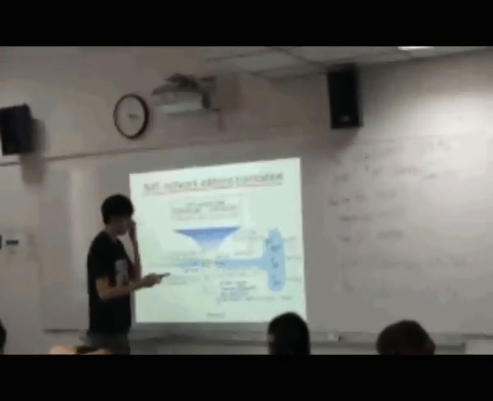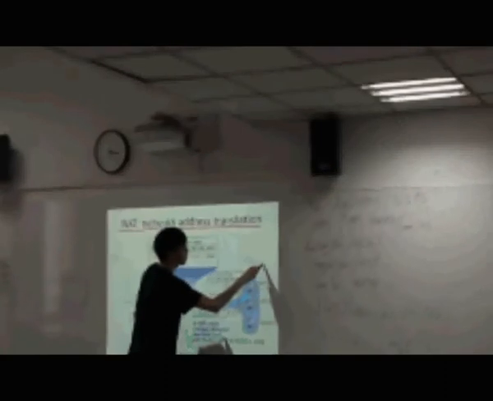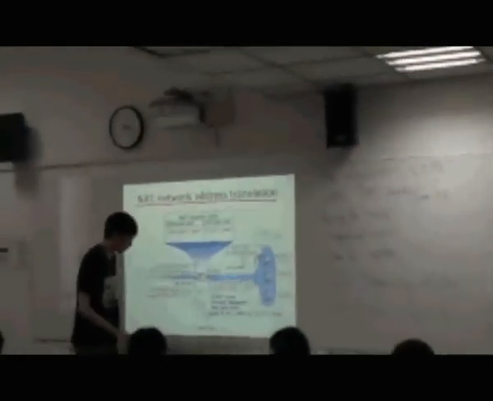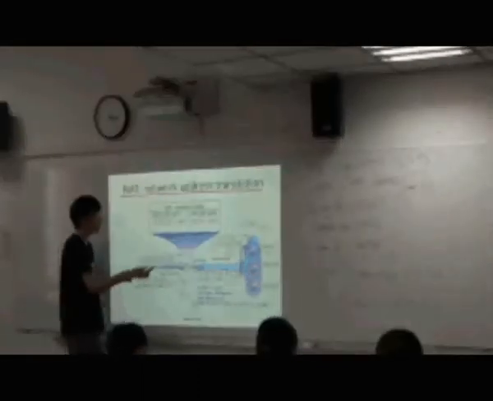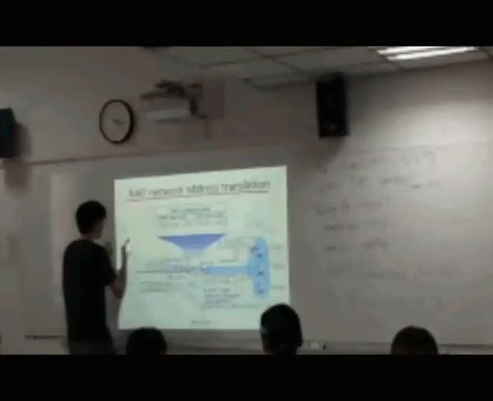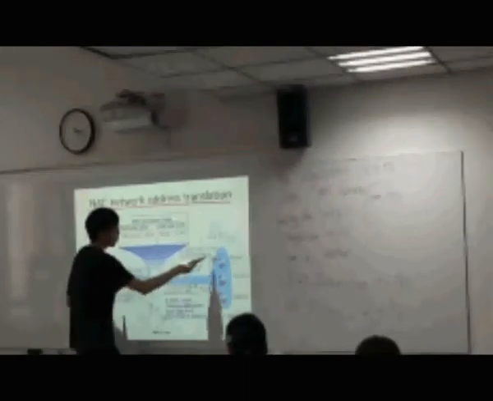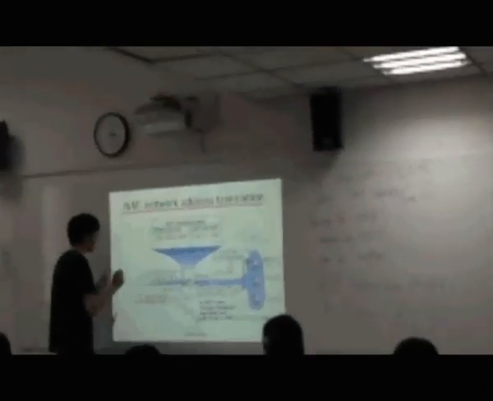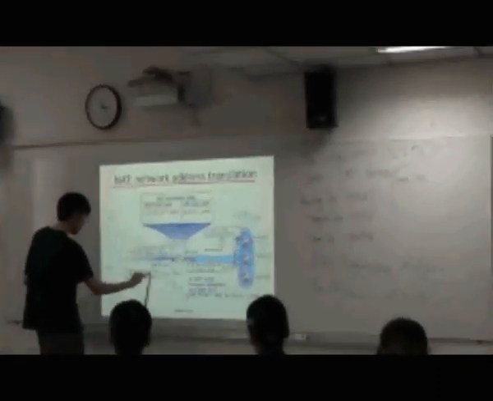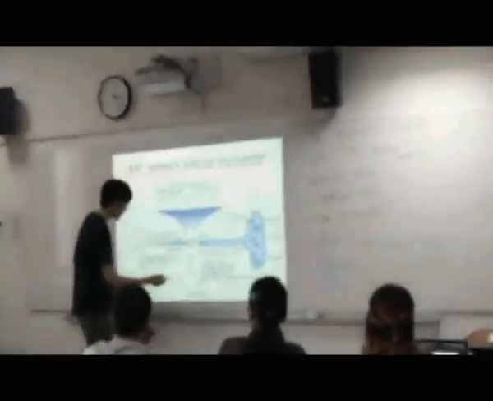But this is what we call the inner net. When you pass this information, or when you want to access this server, in your place you cannot directly access this IP address, just like this one, and this is the port number.